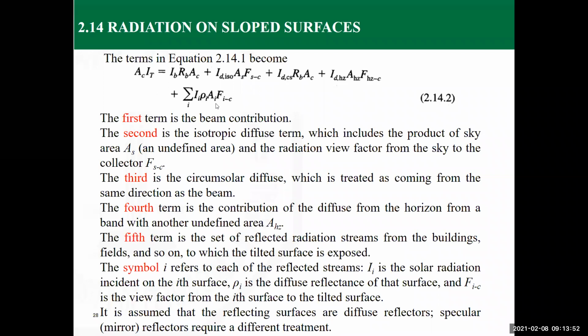And finally, when we are talking about objects which are reflecting, the reflection is not only from the ground, but from any other surfaces around. The surface is surrounded by walls from other buildings, by trees, by whatever object in addition to the ground. They are all receiving and reflecting energy which is falling on the surface.